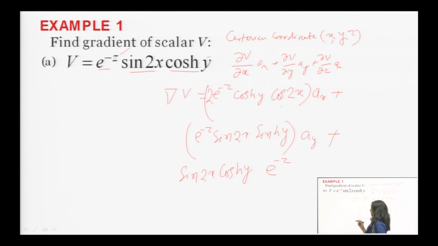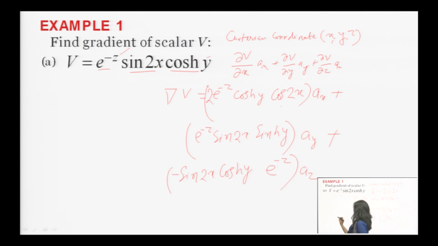However, because of the minus 1, a minus sign will come. The whole will be multiplied by the unit vector az. So this is the answer of the gradient of scalar V, del V.